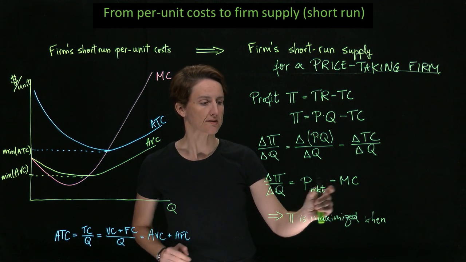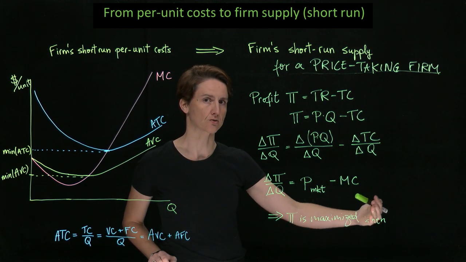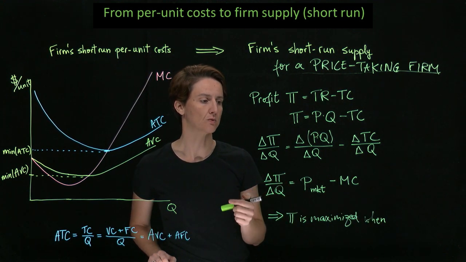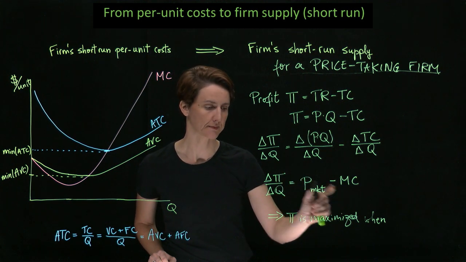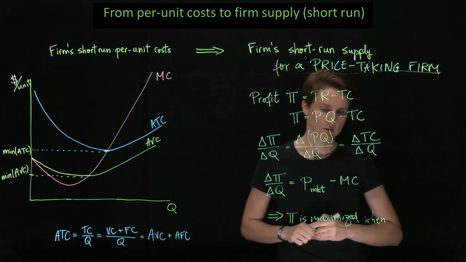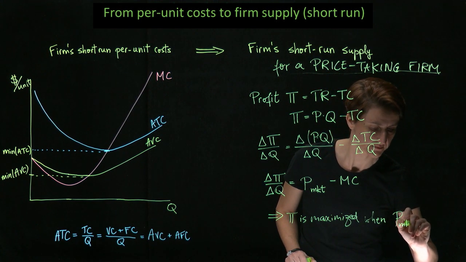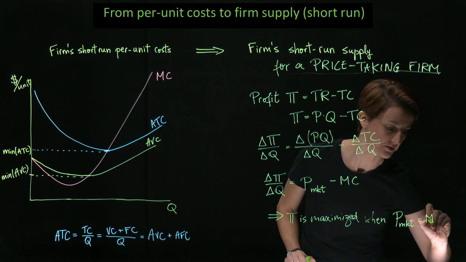Once marginal cost is above price in the market, that means that we're losing money with each extra unit we produce. And so the way to maximize profit will be to produce such an amount that these equal each other. So we're going to look for the output level where price in the market equals marginal cost of production.